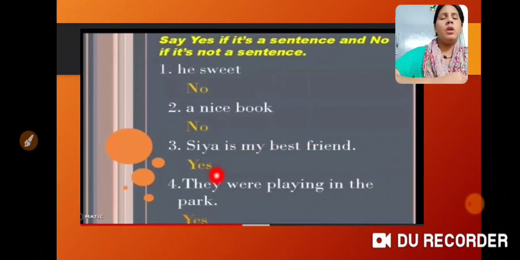So we will write down here yes. Then come to the fourth one, they were playing in the park. Again, these group of words make a complete sense, so they are sentences. So we will write down yes, it is a sentence.